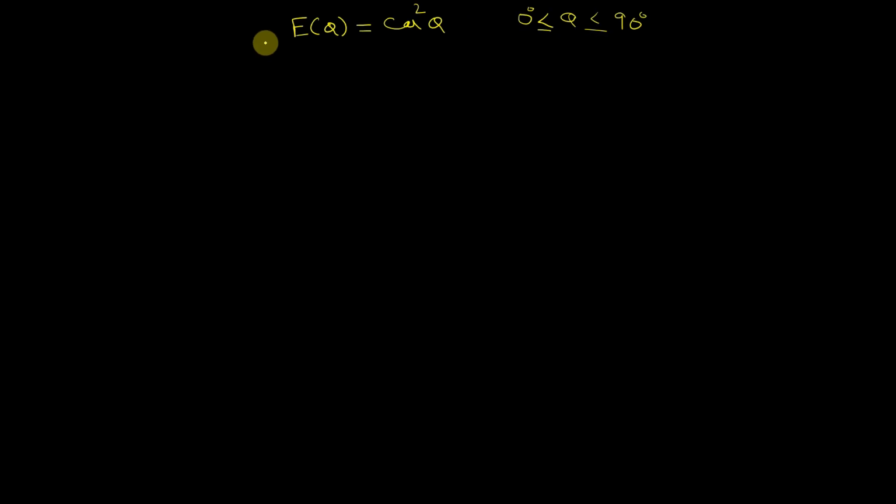Let us solve some numericals to better understand this beam area. It is given that E theta is equal to cos square theta, and theta varies from 0 to 90 degrees.